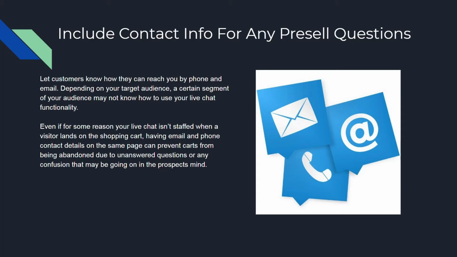Now, even if for some reason your live chat isn't staffed when a visitor lands on the shopping cart, having email and phone contact details on the same page can prevent carts from being abandoned due to unanswered questions, or any confusion that may be going through the prospect's mind. So if you can add maybe a few frequently asked questions, that'll obviously help them to make decisions. Okay, so include contact info and any pre-sale questions.